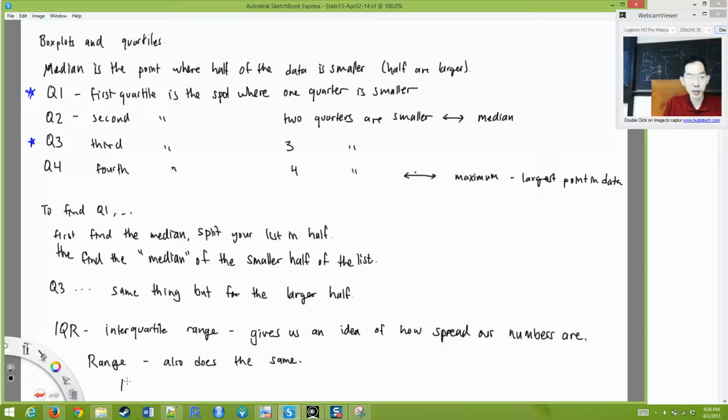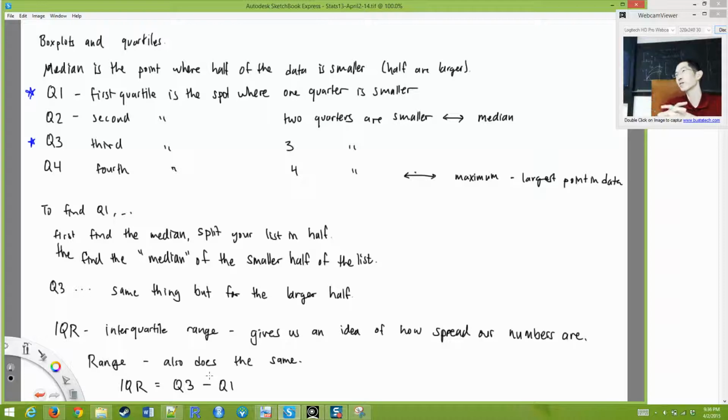The IQR is calculated as Q3 minus Q1. Okay. It tells you the difference between the high end of the middle. So think of the middle 50% of your data.